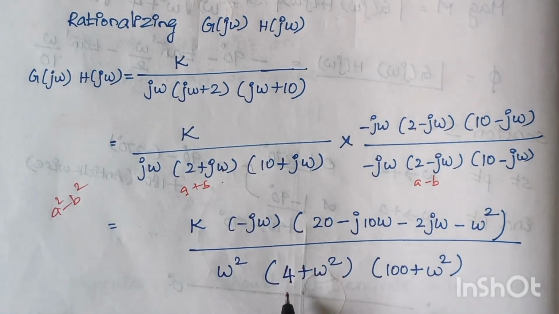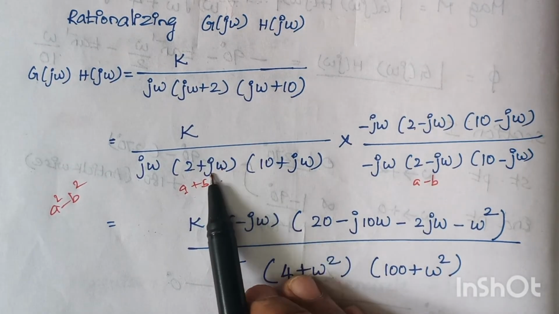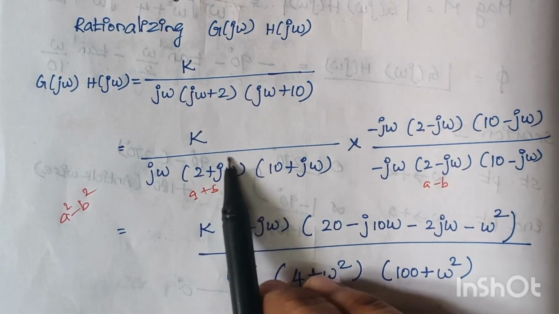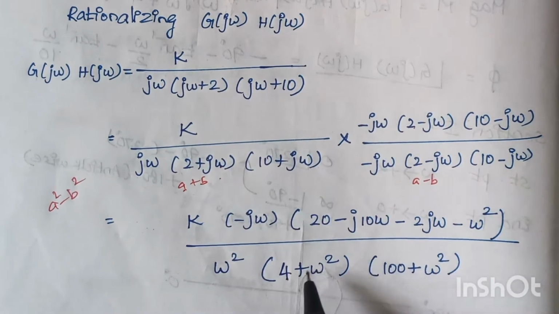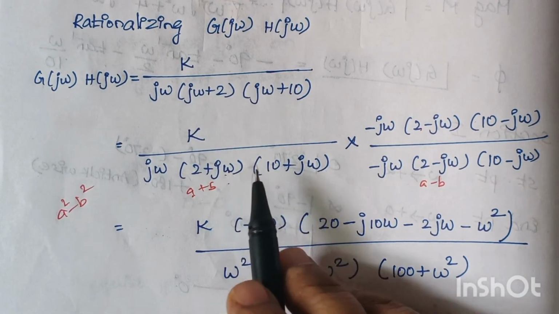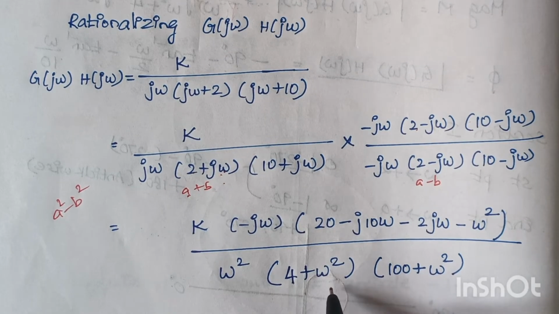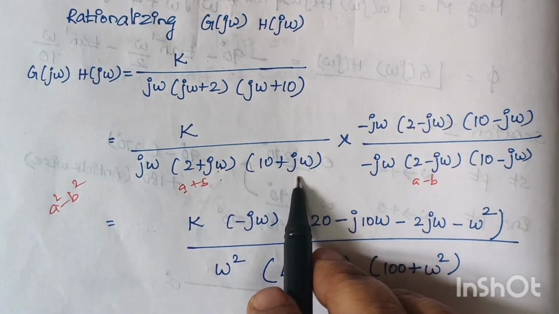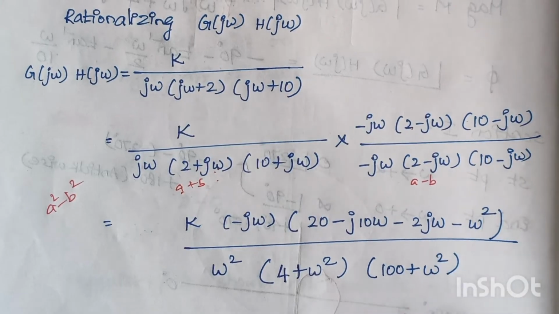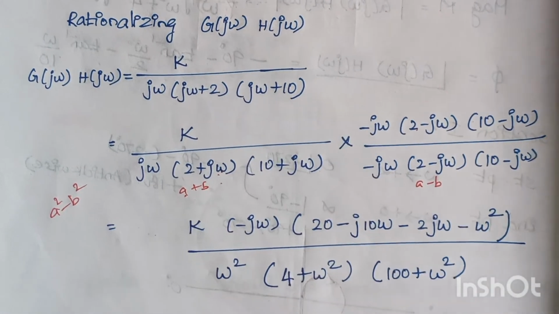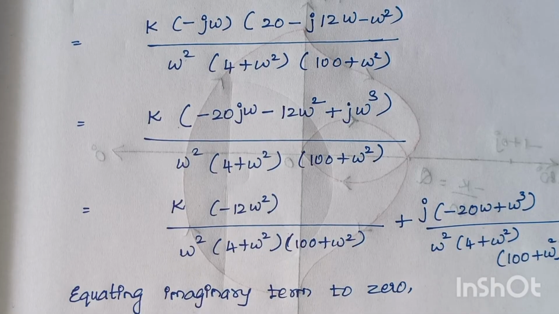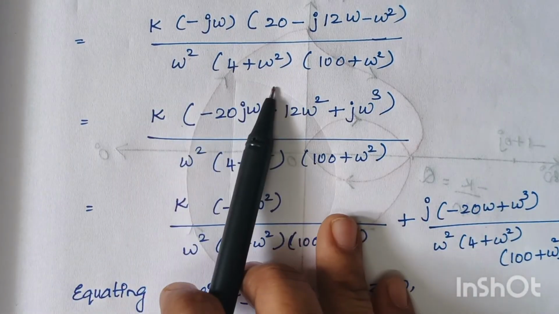So a square is nothing but 4. And when you take the square of this omega, that is j omega into minus j omega, it gives you plus omega square, right? And similarly 10 plus j omega into 10 minus j omega gives you this answer. So this is our expression.